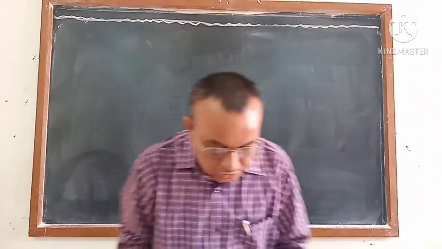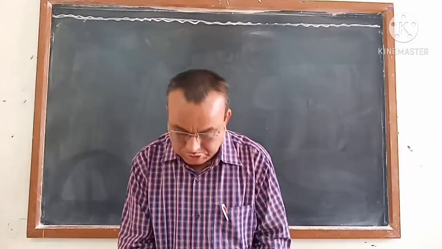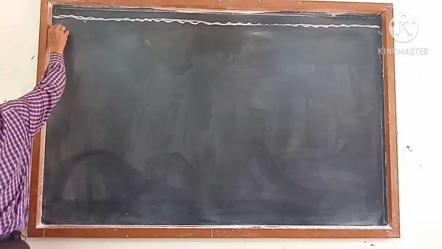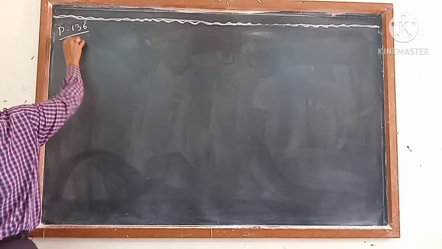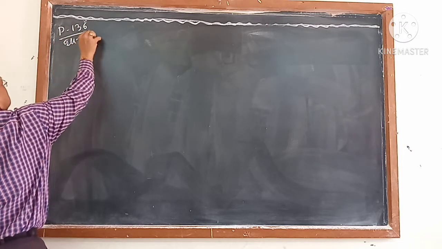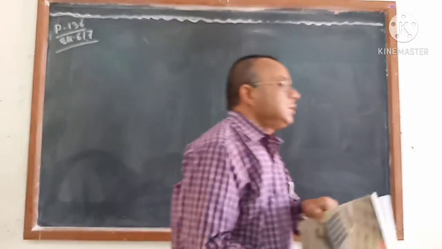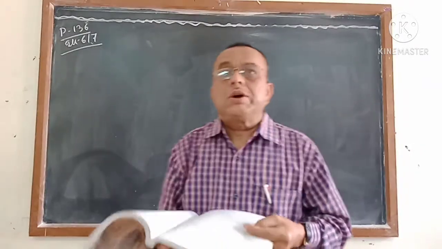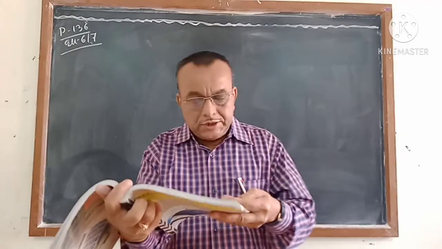Today I want to teach you page number 136, illustration 6 and 7 both. Let me complete 6 and 7 first, then we will come back to 8. From 8 onwards, the type of illustrations you are getting, that kind of question generally comes.